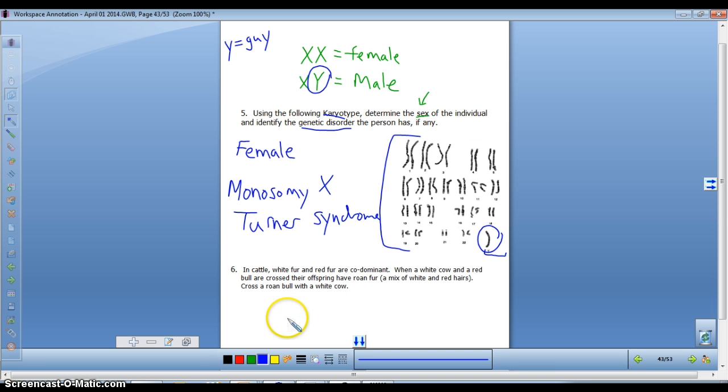Okay, look at number 6. In cattle, white fur and red fur are co-dominant. When a white cow and a red cow, or red bull, are crossed, they get roan fur, a mix of white and red hairs. Cross a roan bull with a white cow. The gender of the individuals does not matter in fur color.